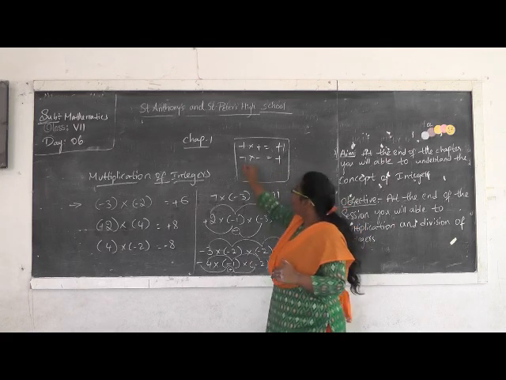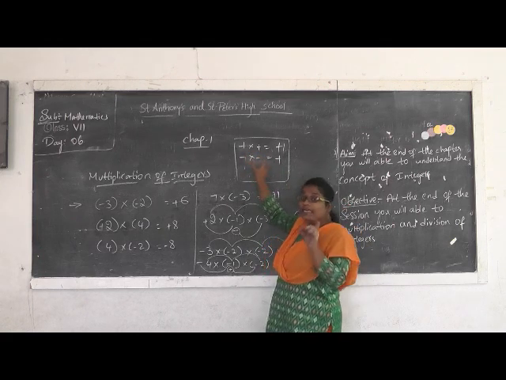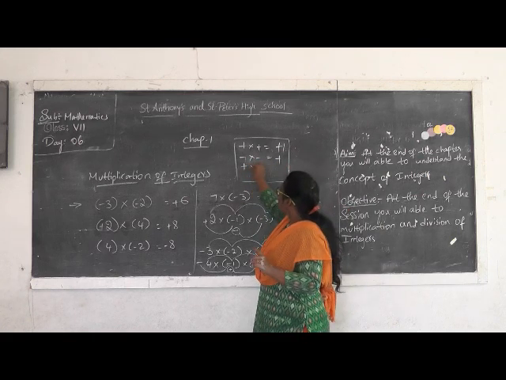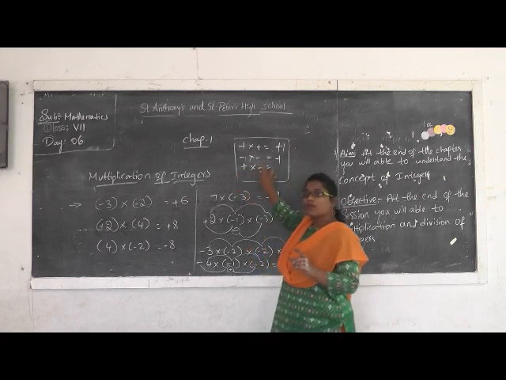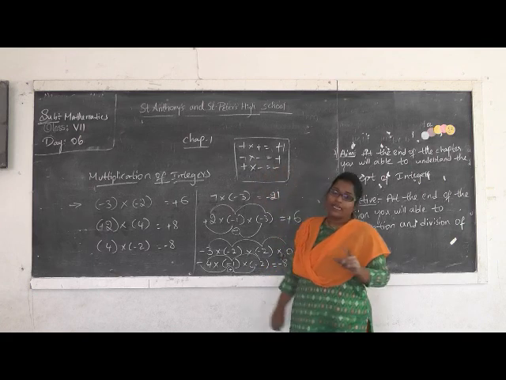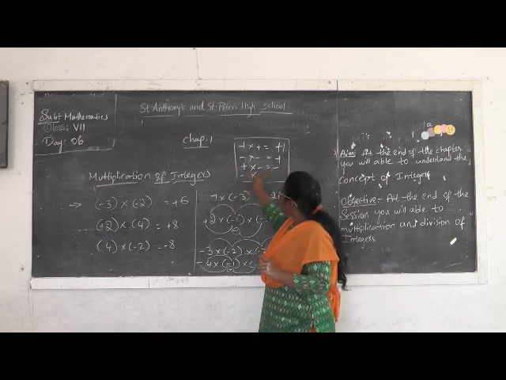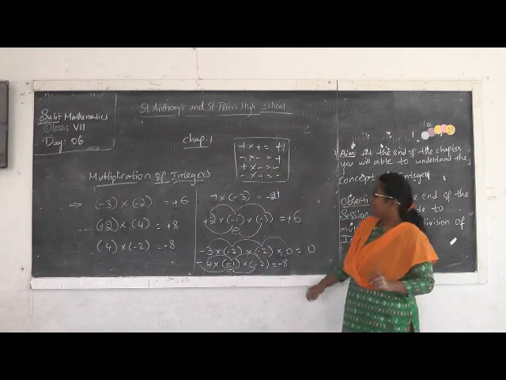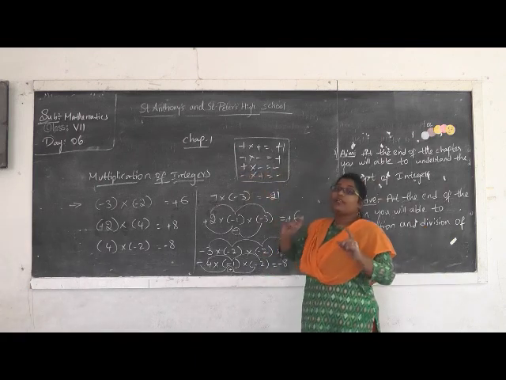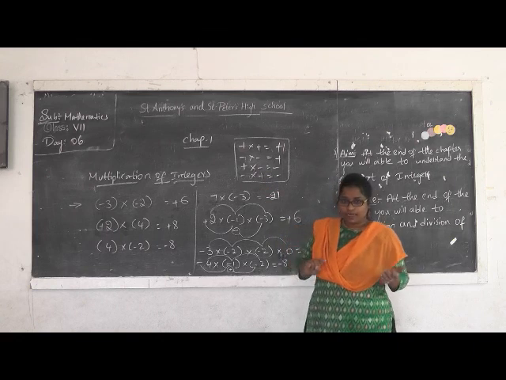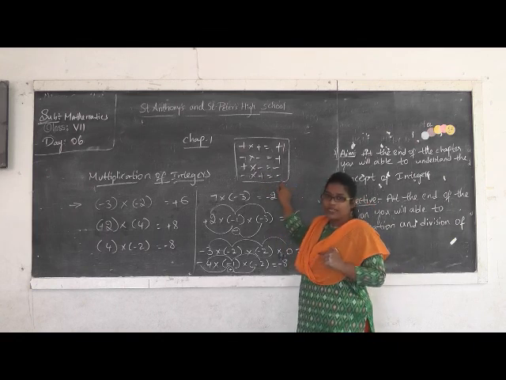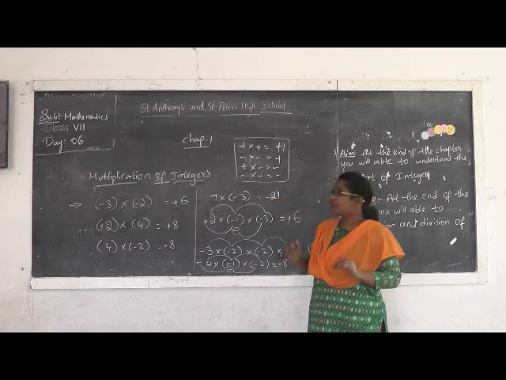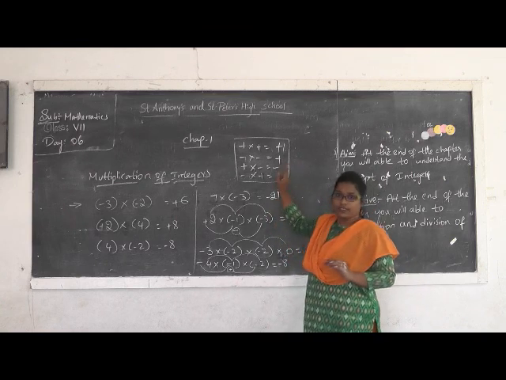It is nothing but whenever we are simplifying two like symbols, then the result is positive. Whenever we are multiplying one positive with one negative, the result is negative. And whenever we are multiplying one negative with positive, then also the result is negative. It indicates whenever we are simplifying two different, unlike symbols, then the result is negative. Whenever we are simplifying two same symbols, that is like symbols, then the result is positive.